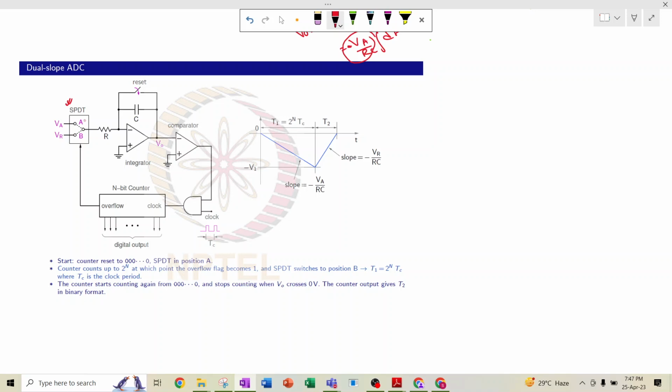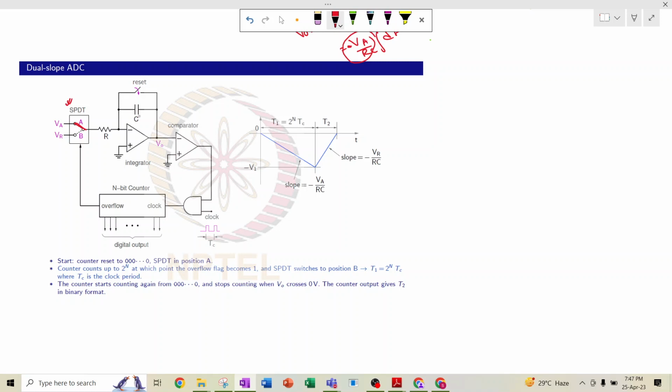So what happens, at first we reset all the things and the counter will start from 0000. Okay, and this single pole double throw switch is at position a, that means it is connected to Va at first. Now at first it was reset, but now this reset switch is off.